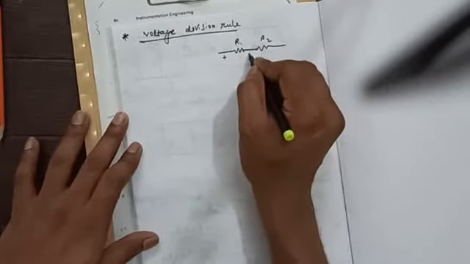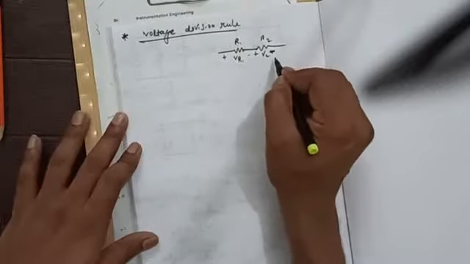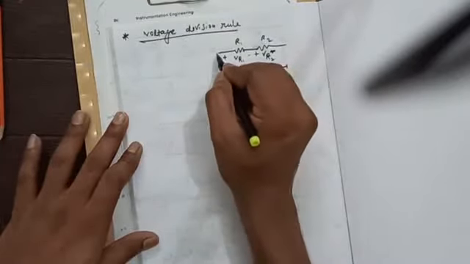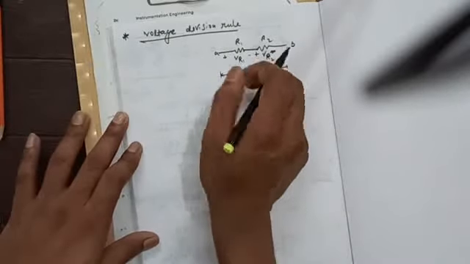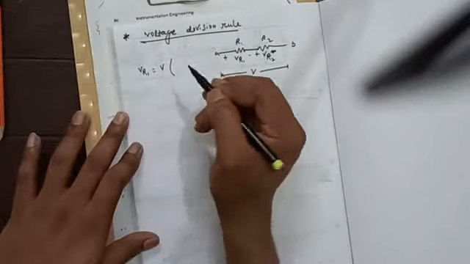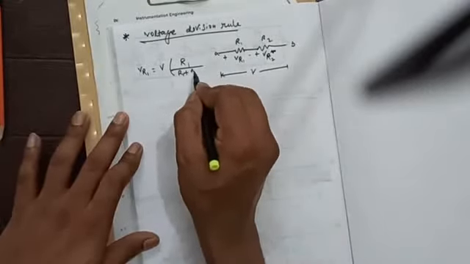Now come to the voltage division rule. If 2 resistors R1 and R2 are connected in series, the drops across them are V1 and V2, or say VR1 and VR2, and the total voltage between this terminal AB is V, then the voltage drop VR1 in terms of V can be written as the total voltage multiplied by the same resistor divided by the sum of the resistors R1 plus R2.